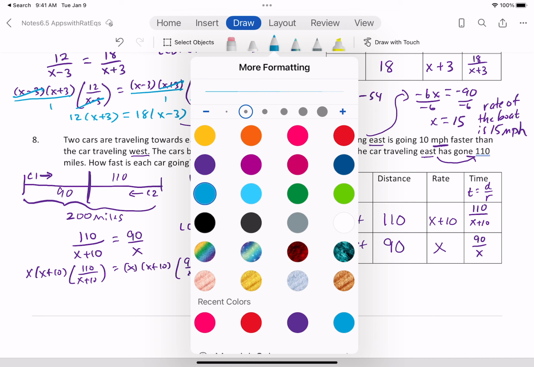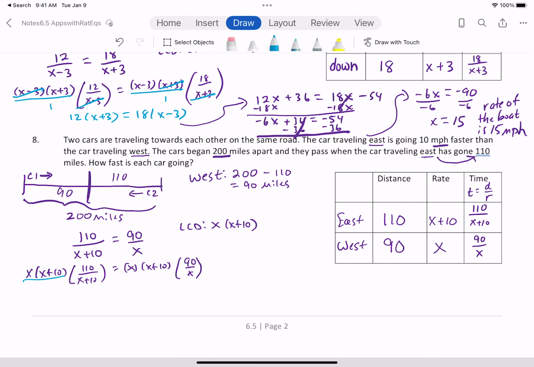And then look for factors we can reduce. So on the left side, the x plus 10s match, so we can cancel those. So I'm left with x times 110. And on the right hand side, my x's match, so we can cancel those off. And I'm left with 90 times x plus 10.